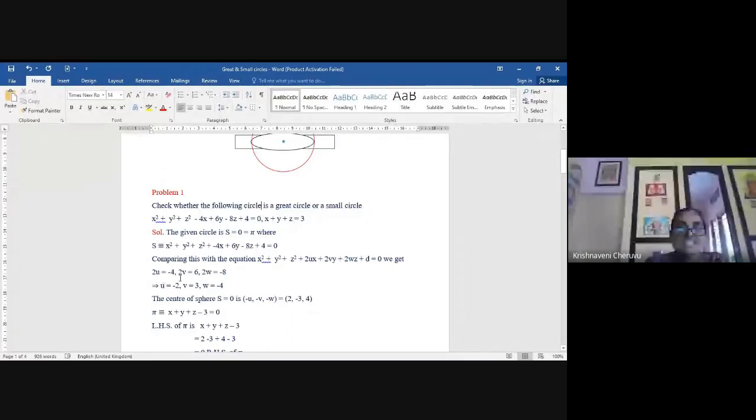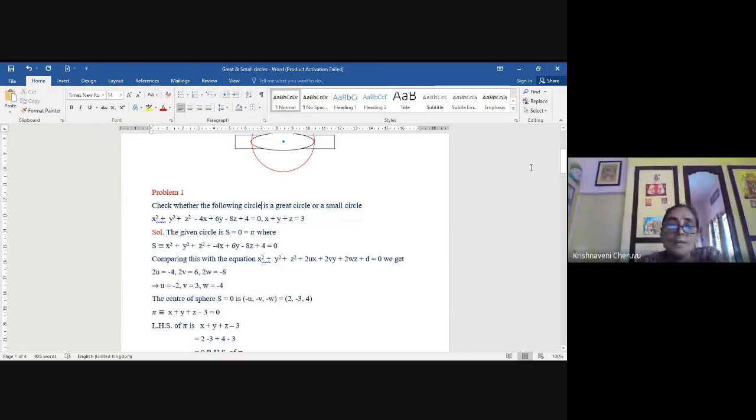So from this you get u = -2, v = 3, w = -4. So the center of the sphere is (-u, -v, -w). So I put here the center as (2, -3, 4).